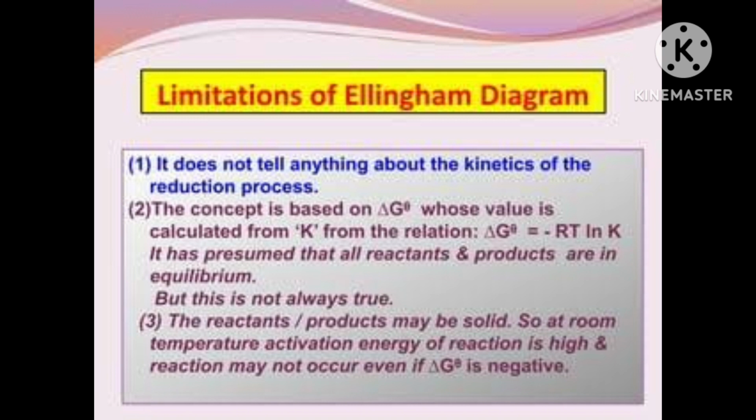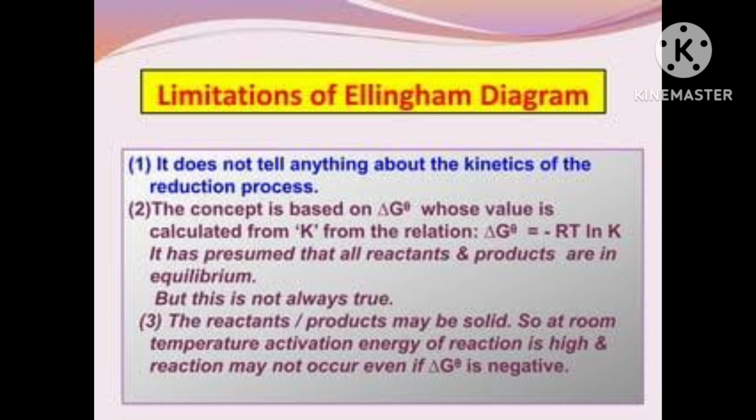Thus, it is presumed that the reactants and products are in equilibrium. When it is in equilibrium, only if you know the K value can you tell correctly.